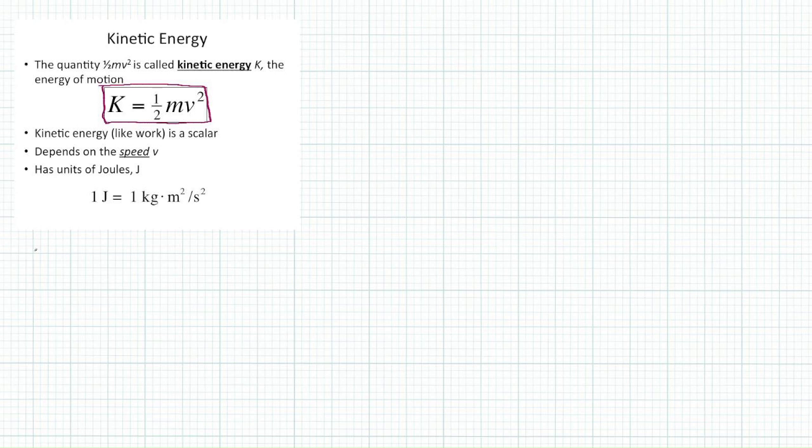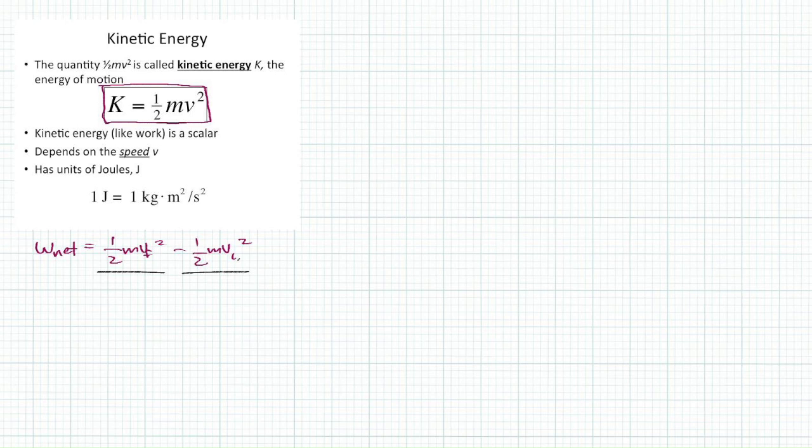If work net equals 1/2 mv final squared minus 1/2 mv initial squared, and both of these are the definition for kinetic energy, we really say that the net work done is the final kinetic energy minus the initial kinetic energy.